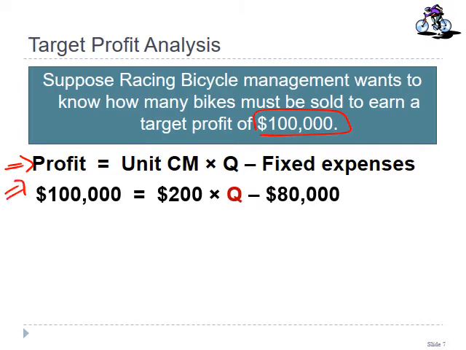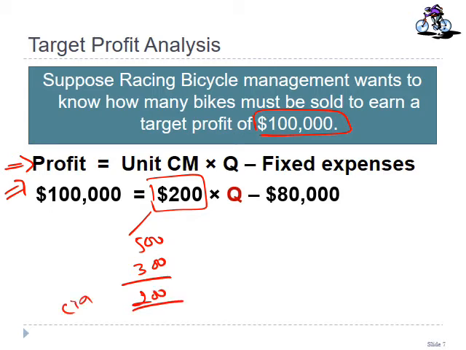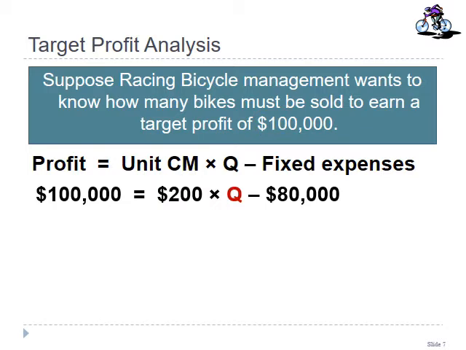We know that CM is 200. How? Because 500 is your sale price, 300 is your variable cost, so this 200 is your CM. I'm just going to erase it here, and then we have fixed cost. This is 80,000, right? So we just need to solve for Q.